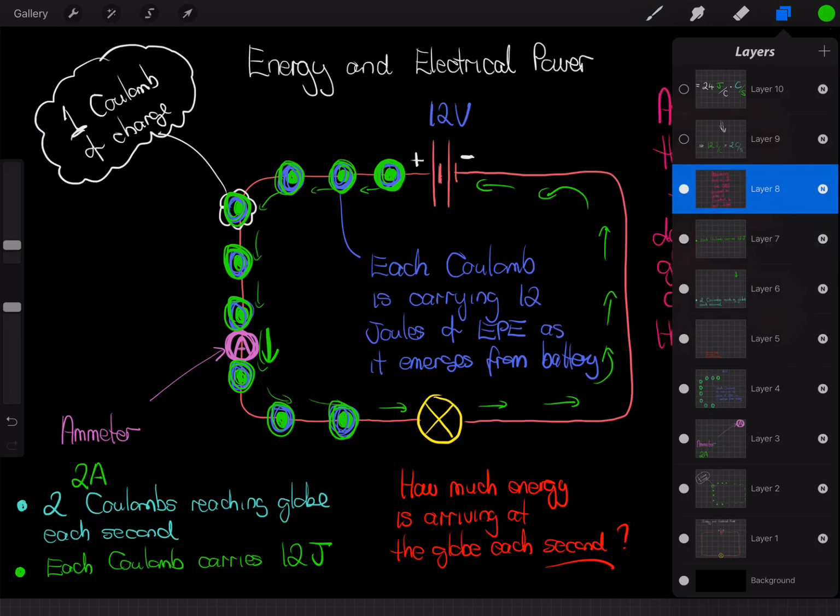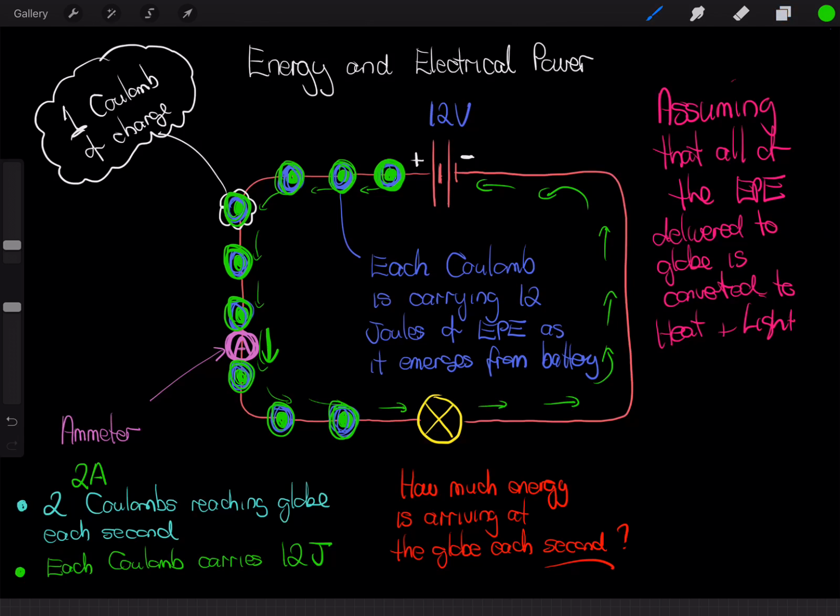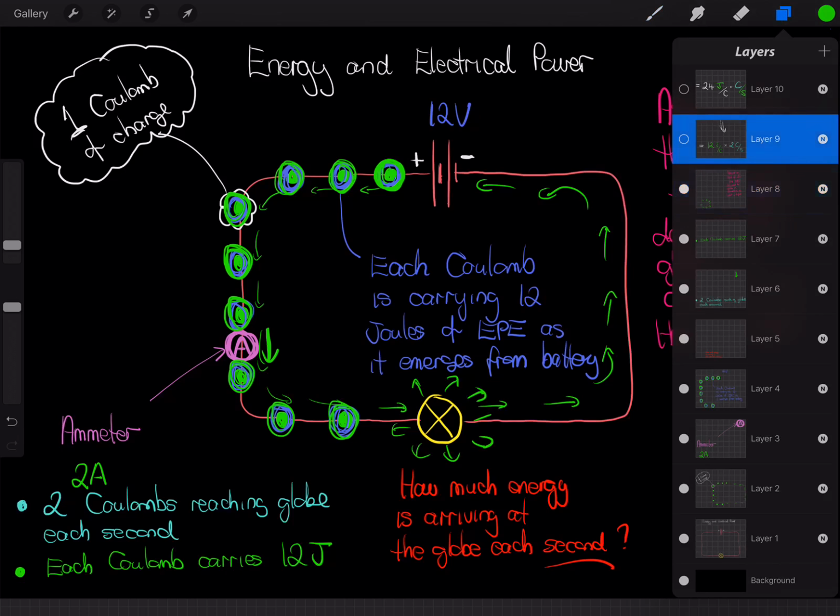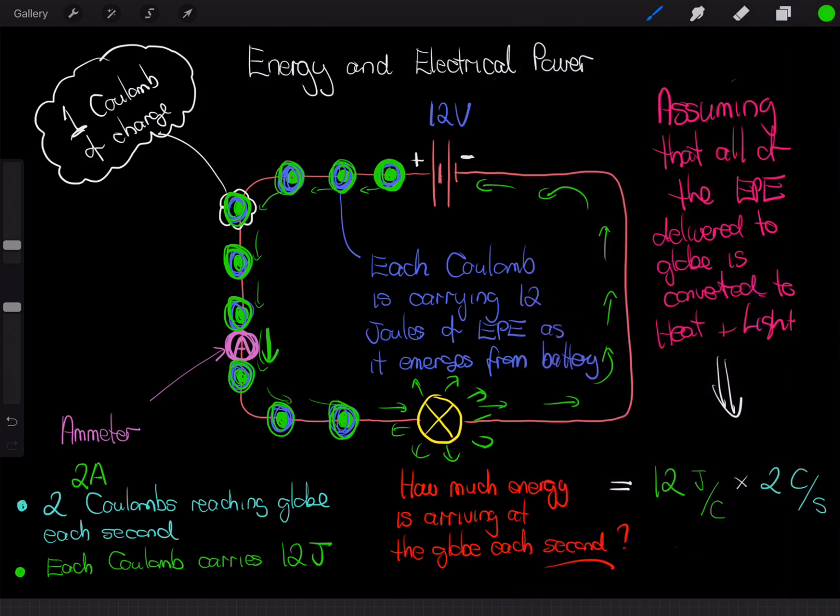So if that's the case, then assuming that all of that electrical potential energy delivered to the globe is converted into heat and light, so it glows as that energy passes through, then to work out how much energy is arriving at this globe every second, all we need to do is a quick calculation. We know that it's 12 joules per coulomb multiplied by the number of coulombs that reach that globe every second.